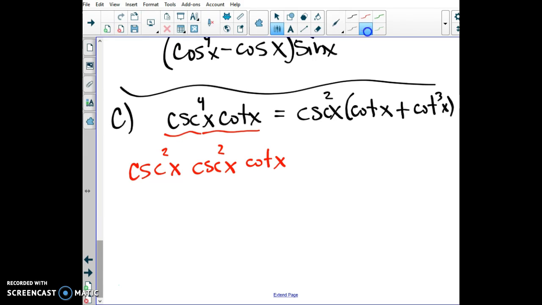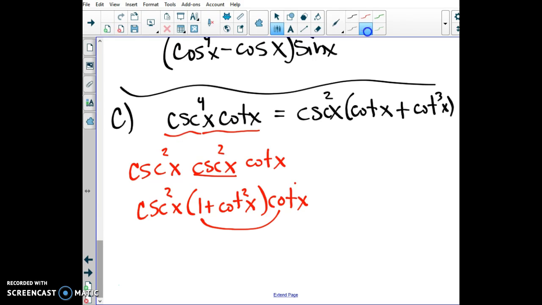We're going to rename the second, doesn't matter which one, as 1 plus cotangent squared x times cotangent x. So if we distribute this to both terms in the binomial, we get our first cosecant squared x, we get cotangent times 1, and we get cotangent squared times cotangent, which is cotangent cubed.